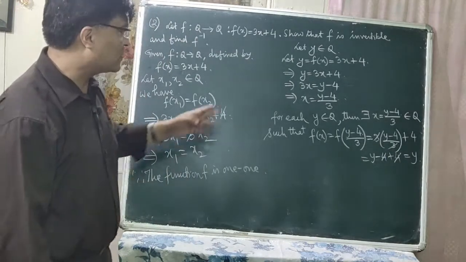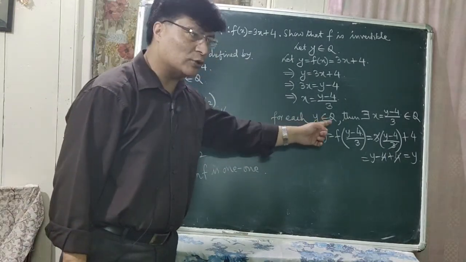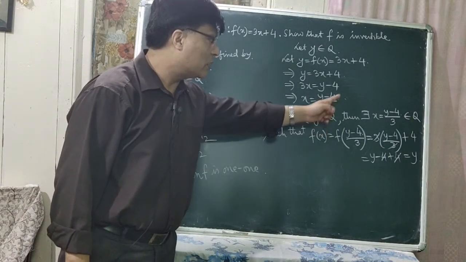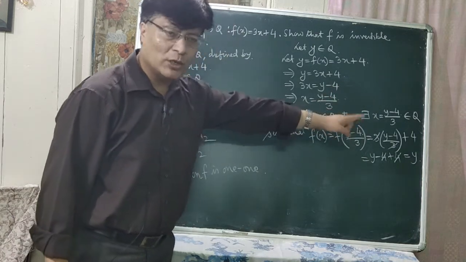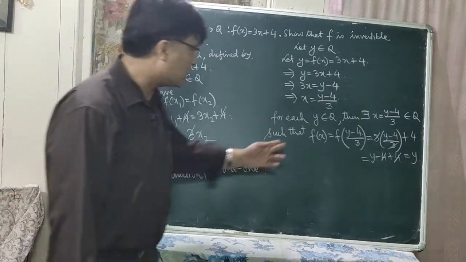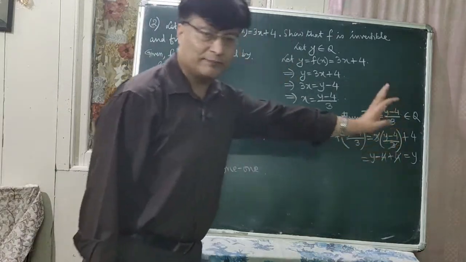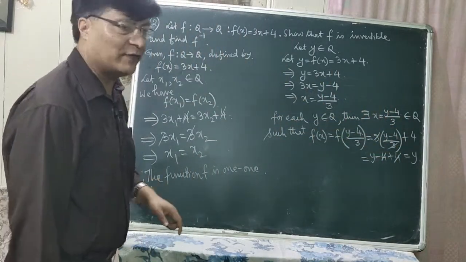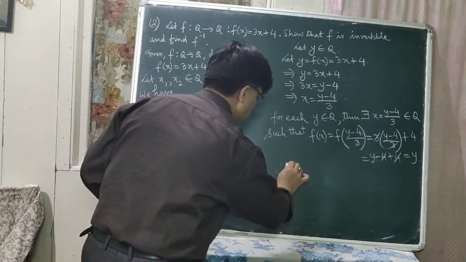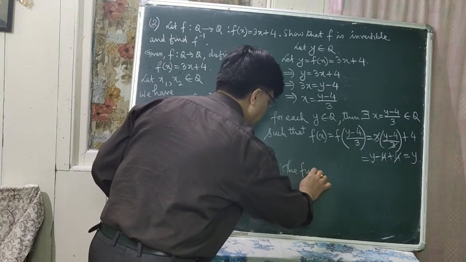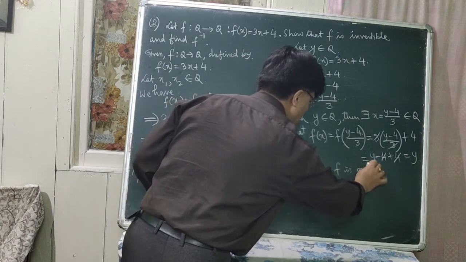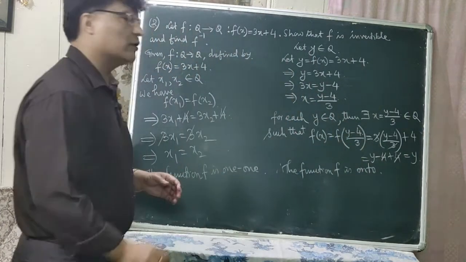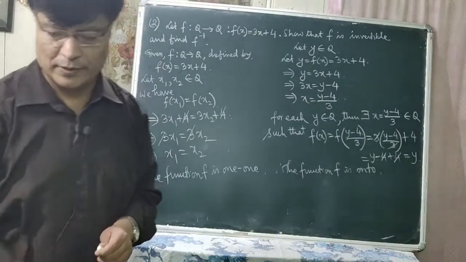So in this case, for each y belongs to the rational number Q, there exists x equal to (y minus 4) by 3 that belongs to Q, such that f of x is equal to y. That means the function f is onto. Therefore the function f is onto, right?